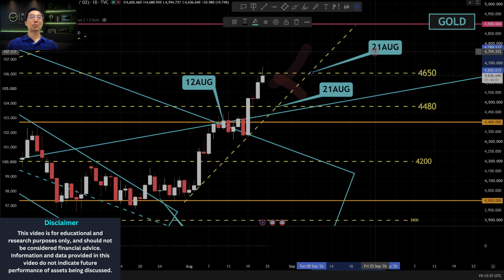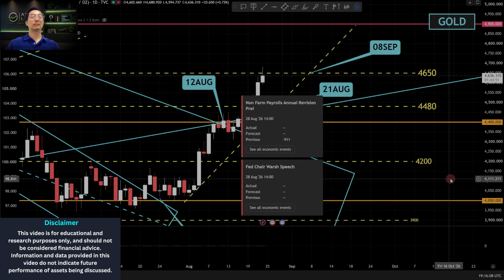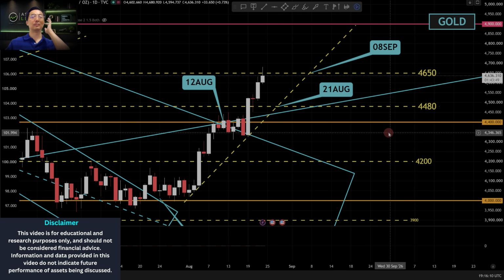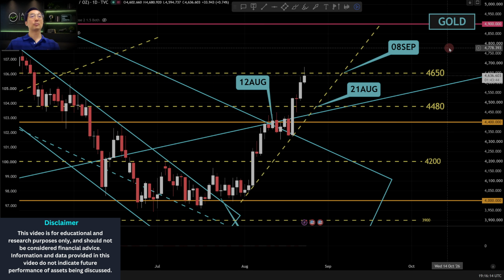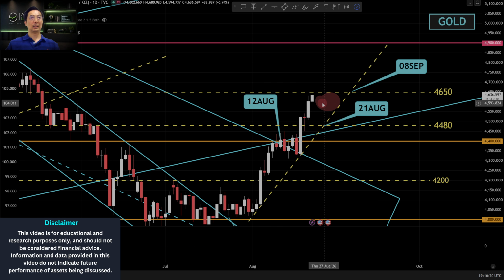This one points to the 8th of September. But given the market is waiting for the economic data and the central bank speeches coming out from the US, China, and probably Europe as well, that's going to drive a lot of the price action in the next few days, especially near the end of the week.